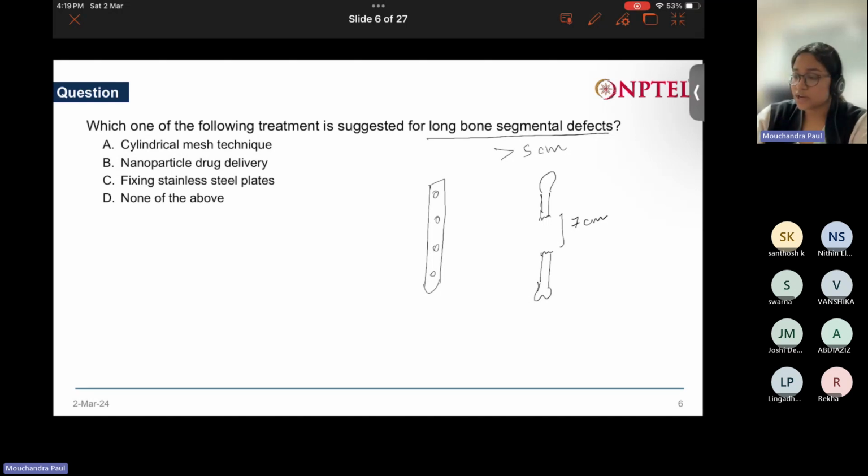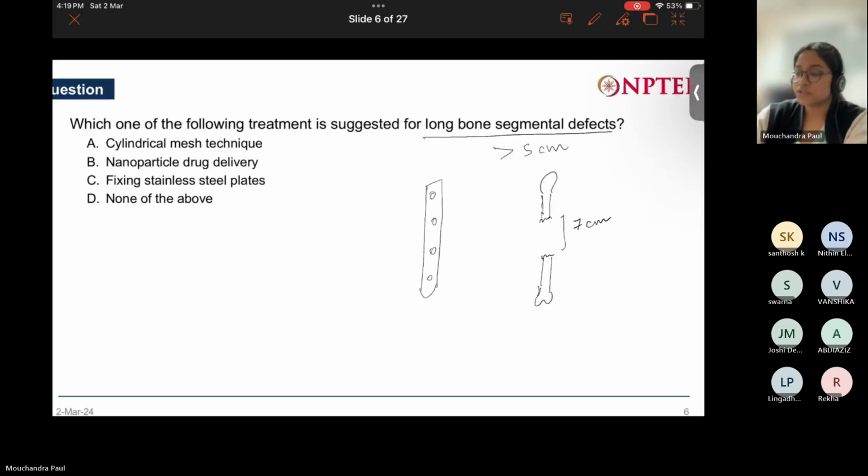And these screws are meant to support. Like so, if this is a bone, the stainless steel plate will be screwed on to this particular bone segment.